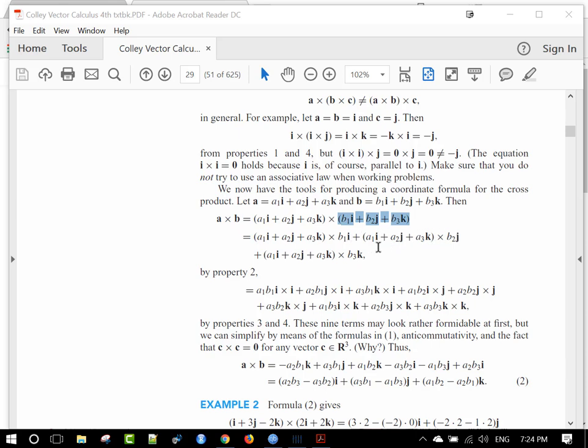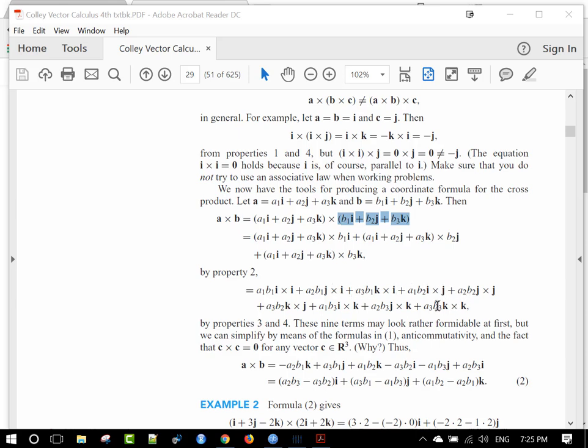They have J and they have K. And then they're going to take this cross that, plus this cross that, plus this cross that. So you're going to get A1, B1, I cross I. And then A2, B1, J cross I. So you can see how they're doing that.